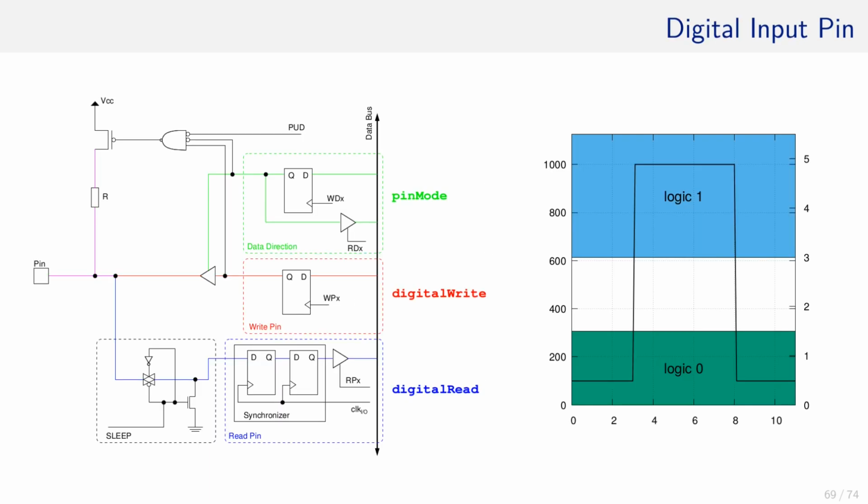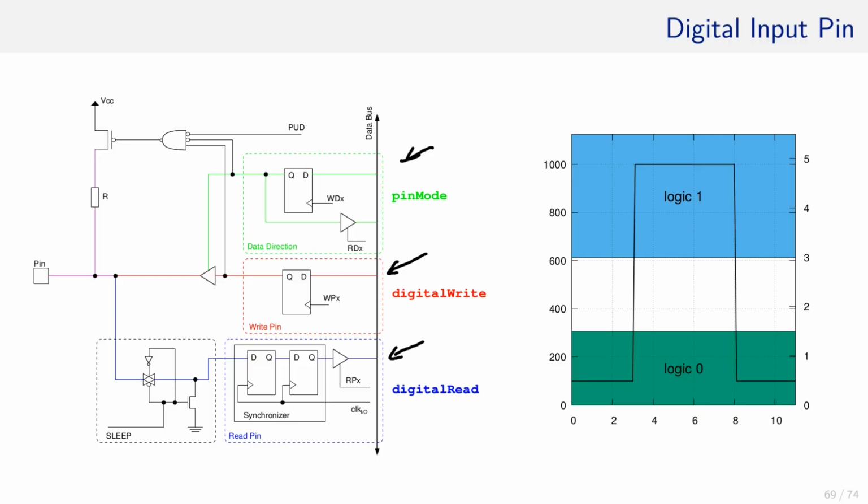Why is that so? Here is the figure that I showed earlier in the course. Each pin consists of some logic to set the direction of the pin, what the pin should put out, and if the developer likes to read from this pin. Usually, there is no issue with that, since the transitions are from logic 0 to logic 1 only, as shown on the right side.